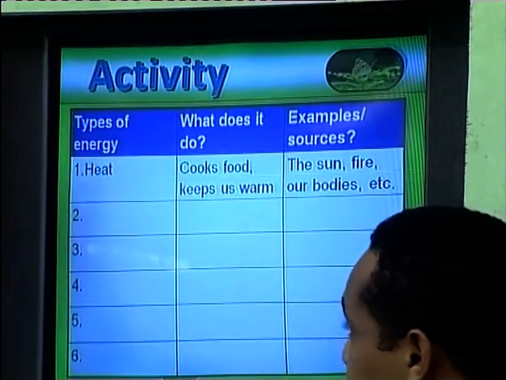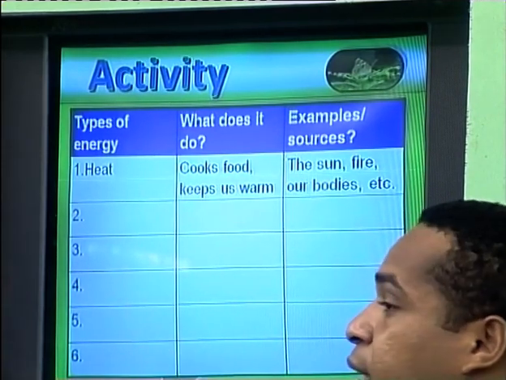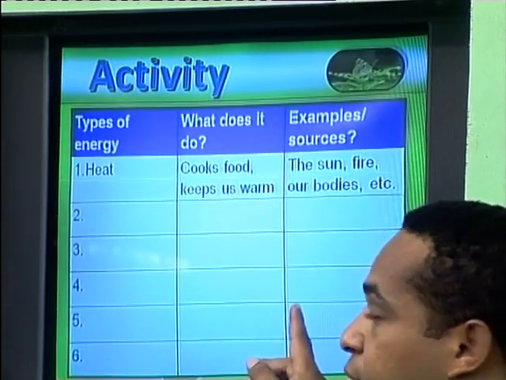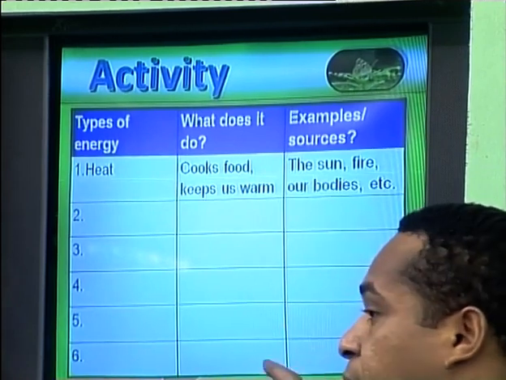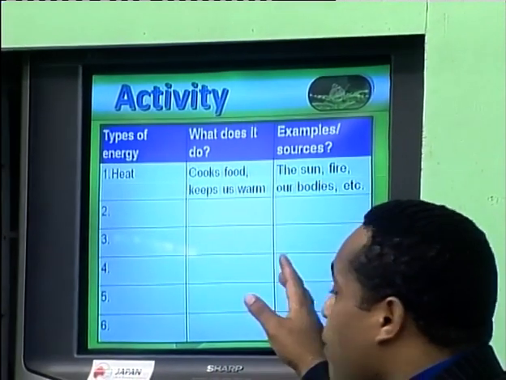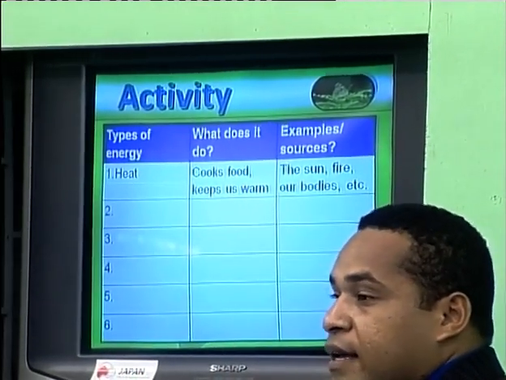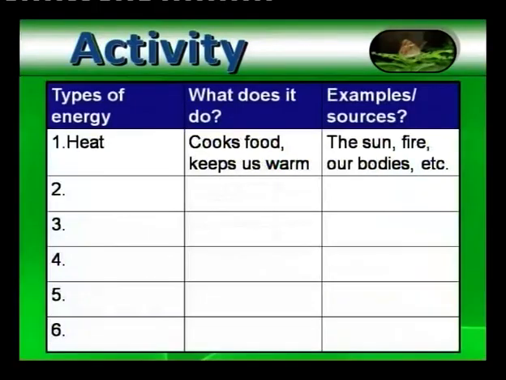Examples or sources of heat energy are the sun, fire, our bodies, and so on. So these are some sources of heat energy, or we can say examples of heat energy. Are we all clear, receiving students and 6C? Okay, very good.